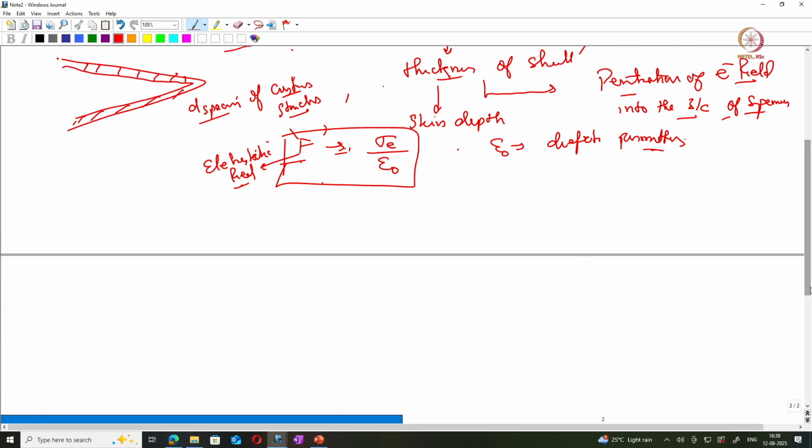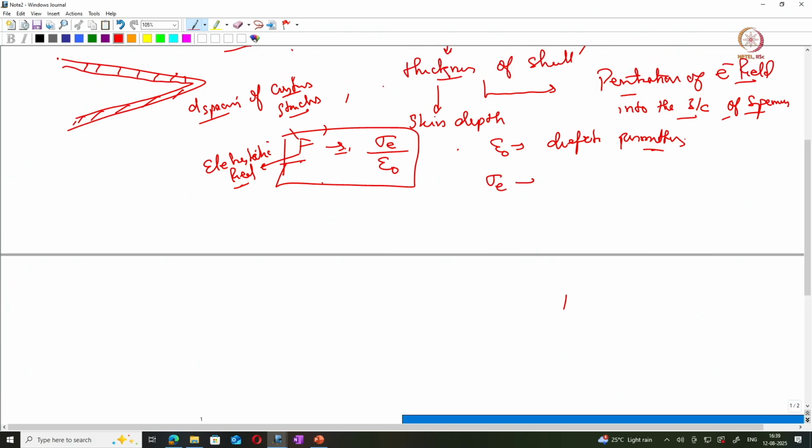And surface charge density is nothing but the number of charges in a thin shell with a thickness of dp.